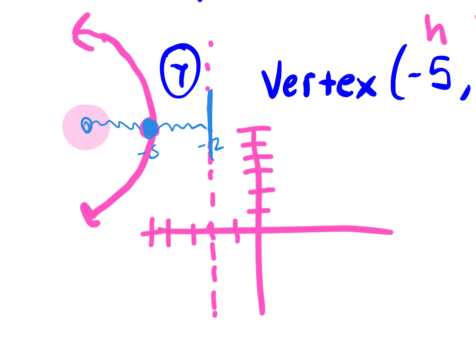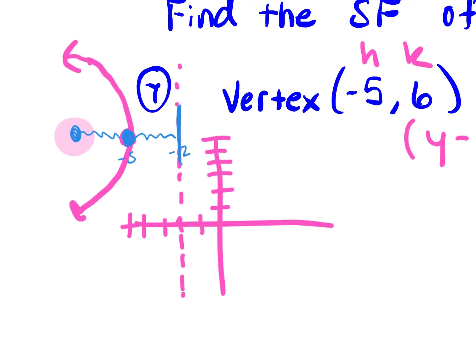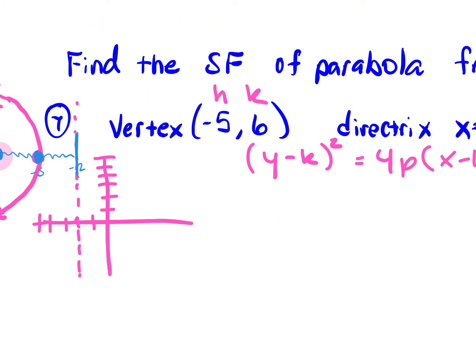So the distance from our vertex to our focus is 3, but since we're opening up to the left on that formula sheet, it tells us that our p is negative, so it is negative 3. So again, p is the distance from the focus to the vertex, which is the same distance as the vertex to the directrix.